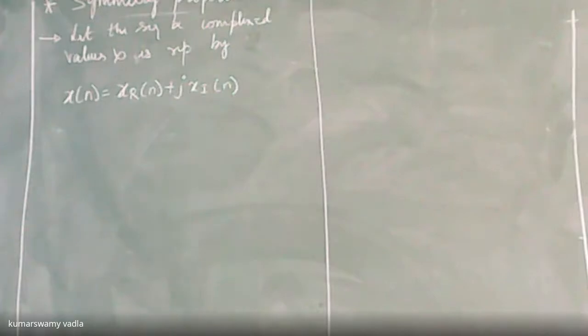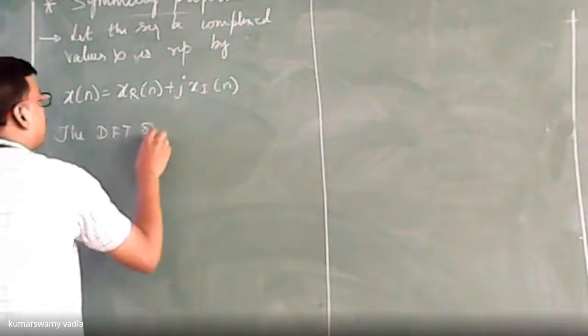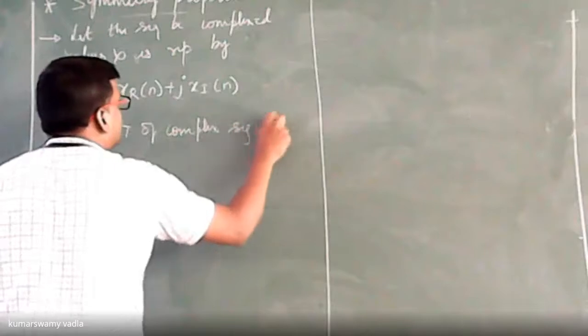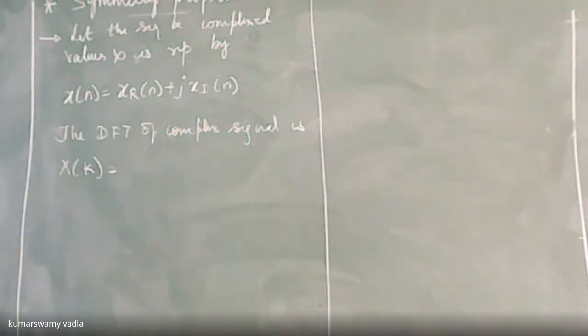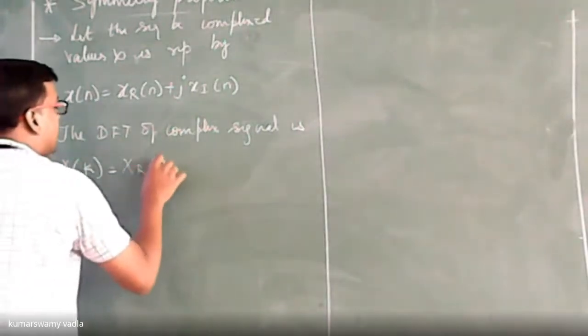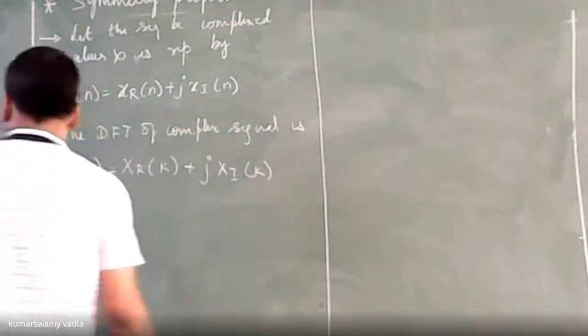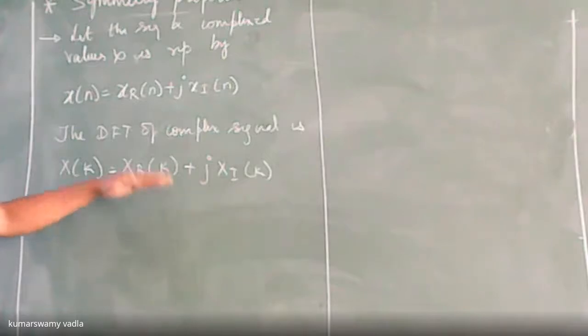Complex values xr of n and j into xi of n. The DFT of complex signal is capital X of k is equal to capital Xr of k plus j capital Xi of k. This is what is the proof, friends. That is the statement. You need to get this expression given this.